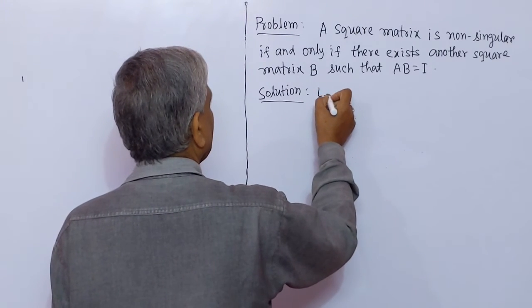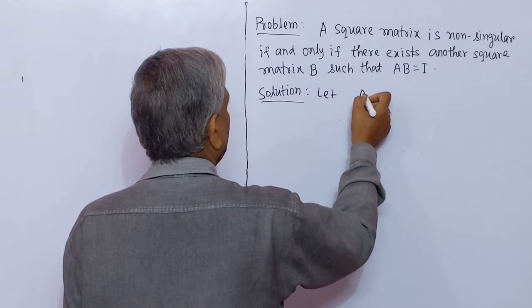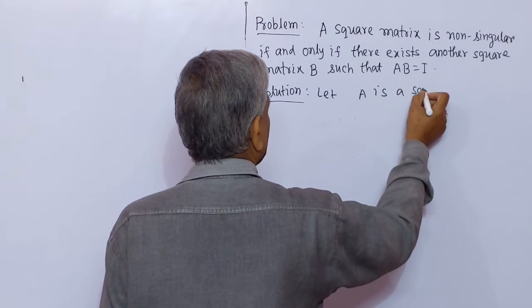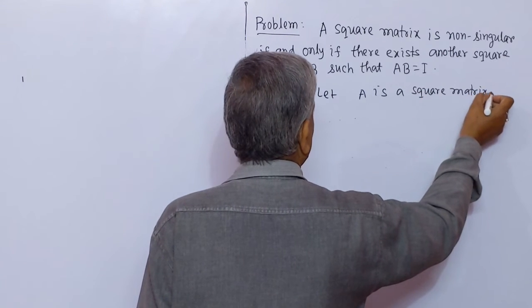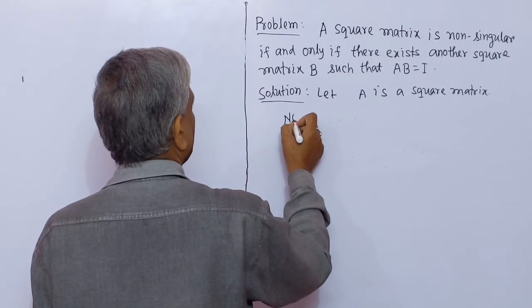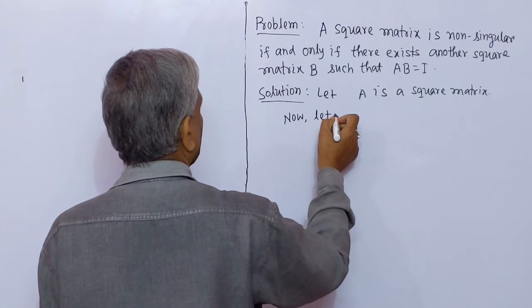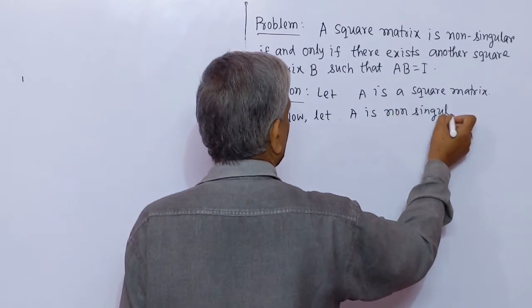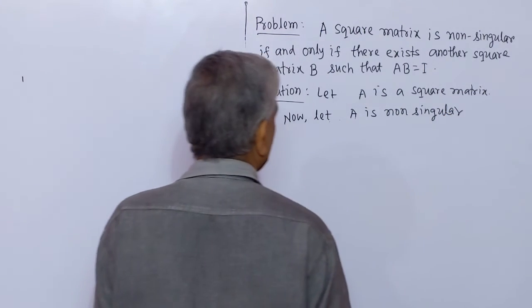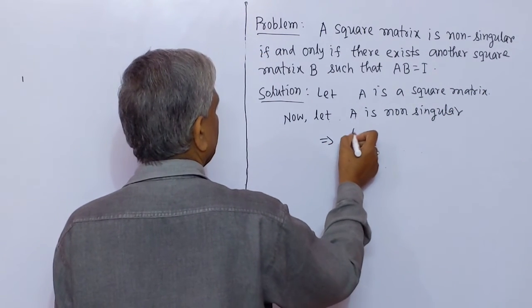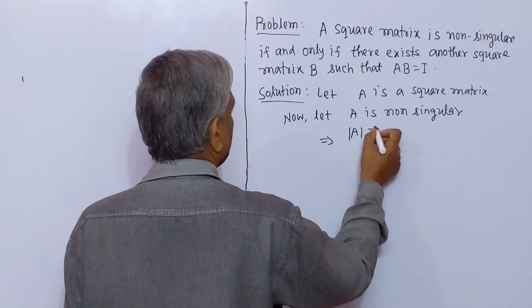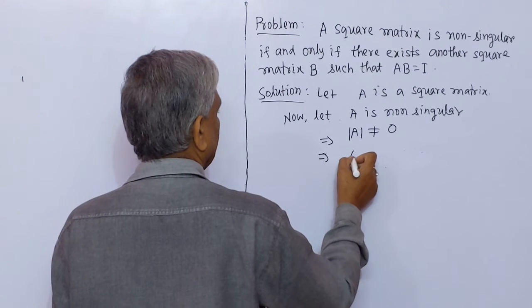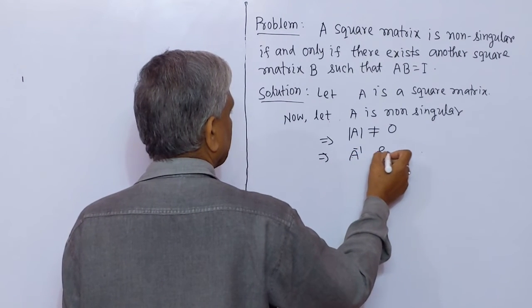Let A is a square matrix. Now let A is non-singular implies that determinant of A not equal to 0 implies that A inverse exists.